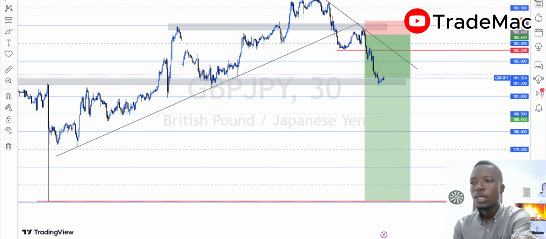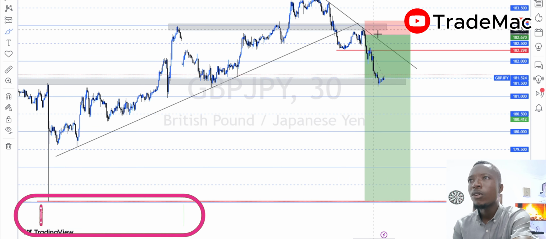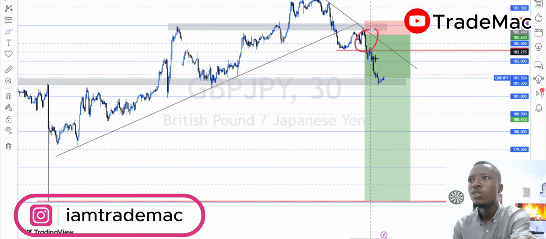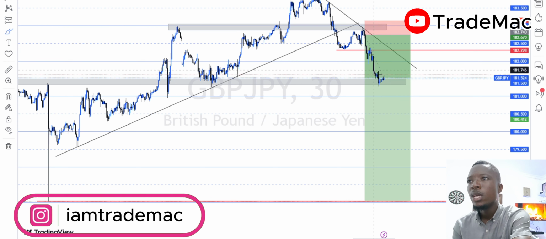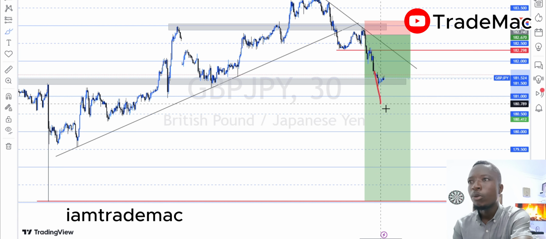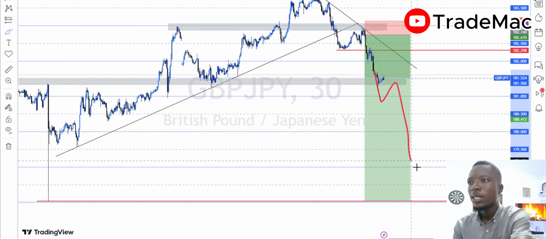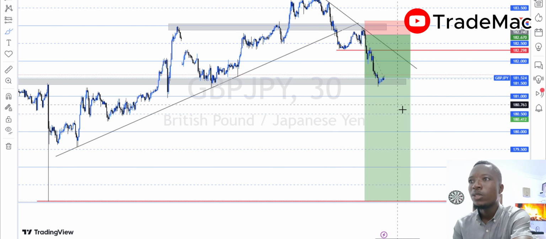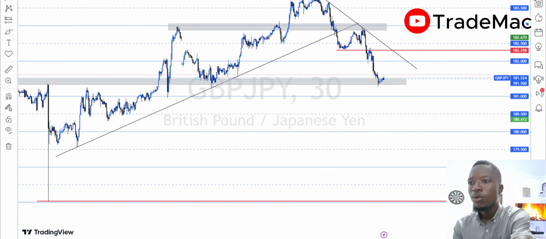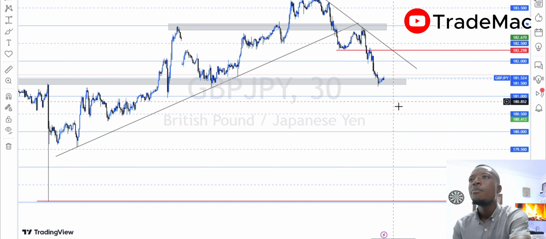So what if you missed out on this very entry right here? The next entry that we are looking out for will be a breakout of this very support zone, a retest, and we join the sellers to the downside, which will actually be about a 329 pip move.